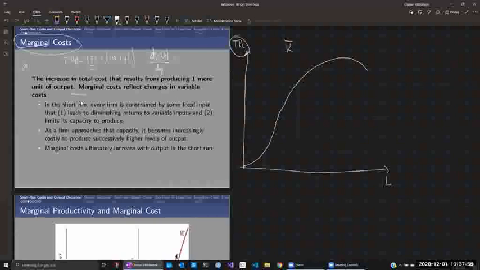Since we are operating in a perfectly competitive environment, which means that this is a single firm, whenever it wants to hire more labor, the cost that it has to bear is the same and it's equal to W. There is a market wage, let's say the minimum wage, for example, or whatever wage it has to bear.